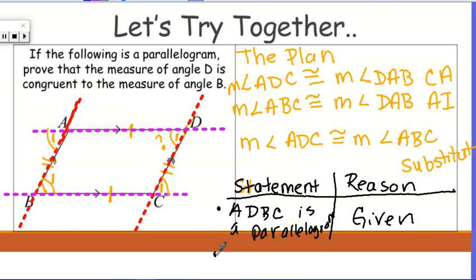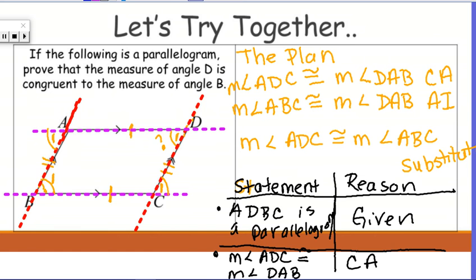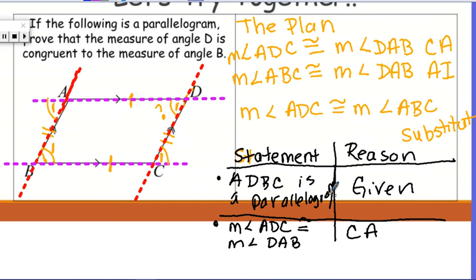And so now we can say that the measure of ADC, and we're just going to write our plan in, is congruent to the measure of angle DAB by reasoning of corresponding angles. And given that it told us it was a parallelogram, we're already making the assumption that whoever reads this understands those rules.